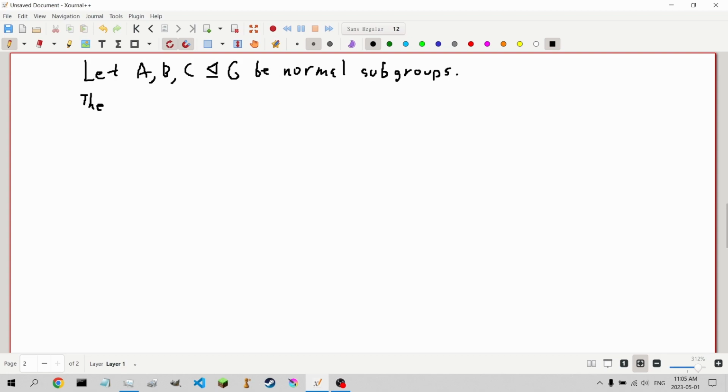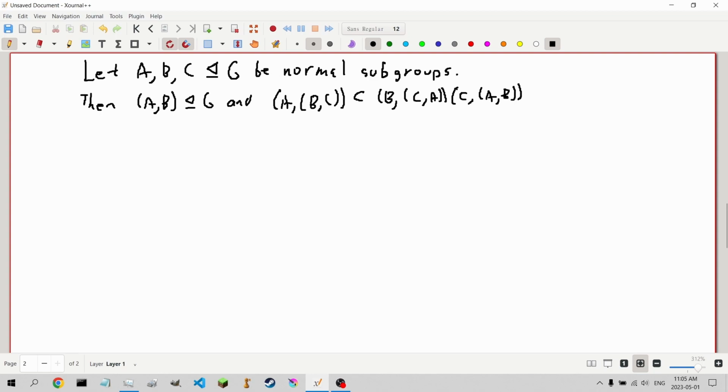Then we have that this generated commutator of A and B as sets is normal in G. And we also have this relation. I don't know if this is a proper inclusion or not. I guess you could probably have these just all be trivial subgroups, and then this whole thing would be equal. But kind of what you would expect.